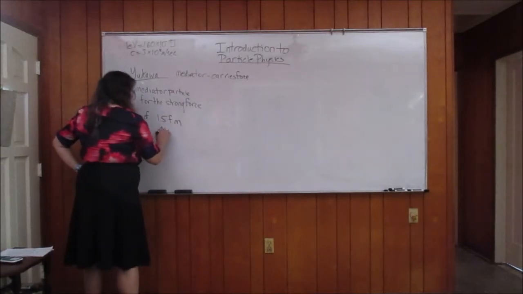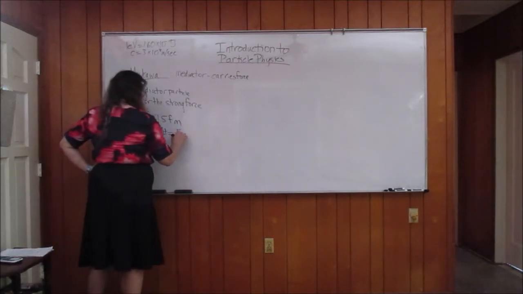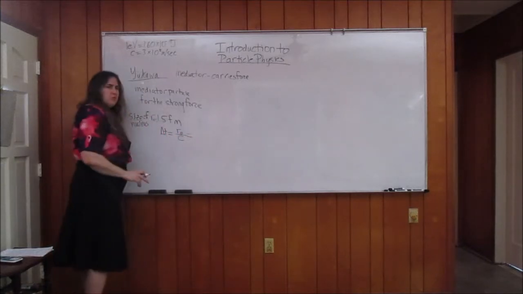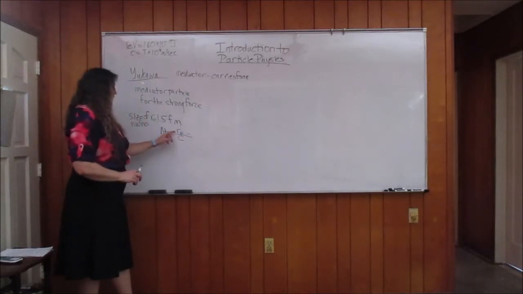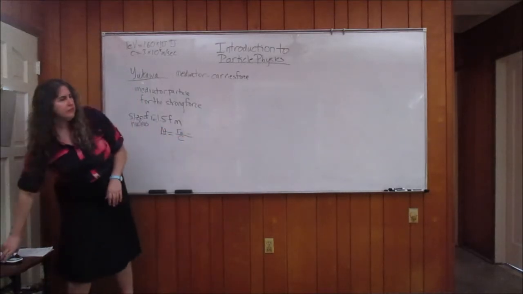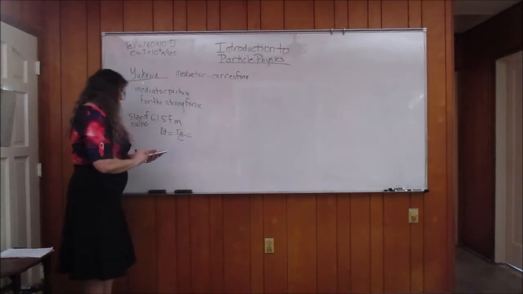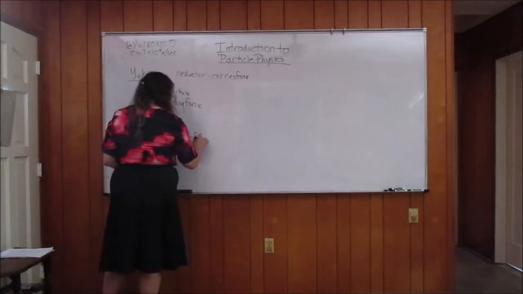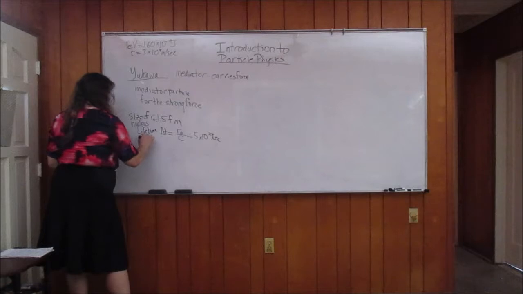Now this particle has to exist, assuming that information travels at the speed of light, for a time of R naught over c, or 5 times 10 to the minus 24th seconds. So that's the lifetime of the mediator.